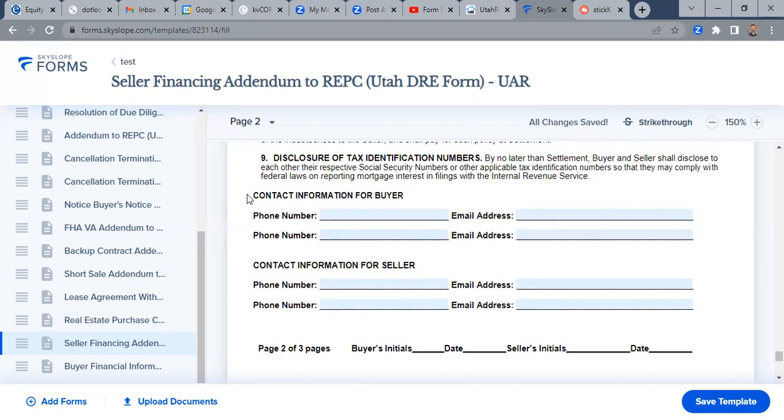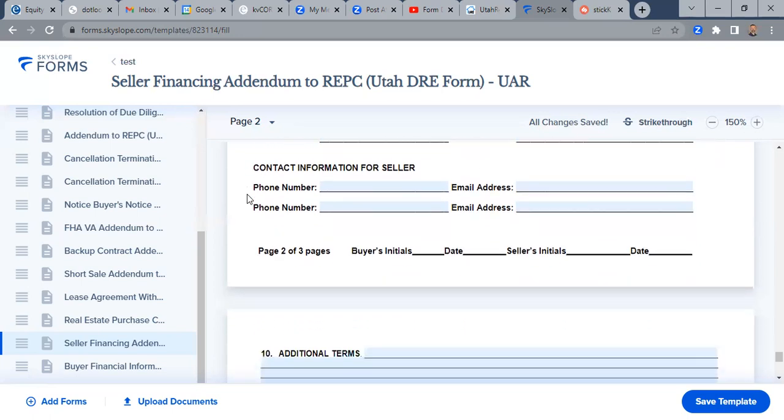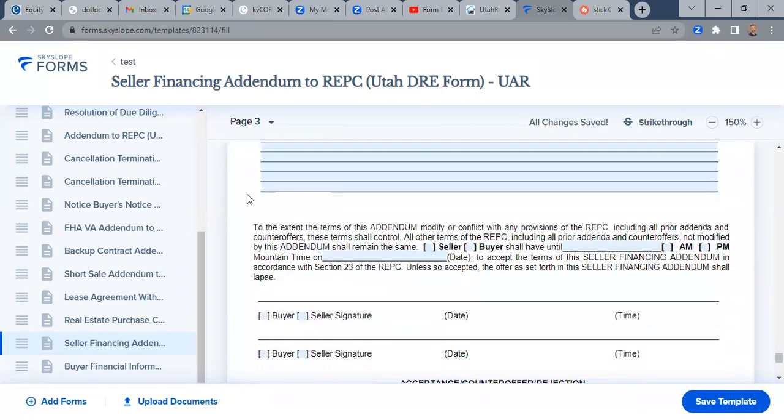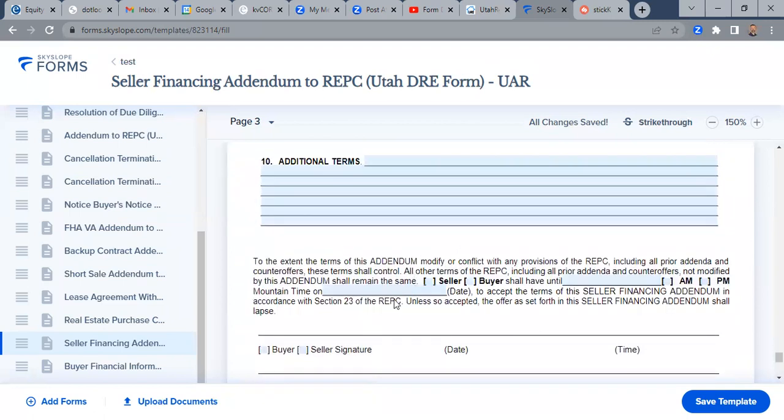Now you get to have a discussion with your CPA saying, hey, I'm doing seller finance on this, here are their social security numbers, and this is another thing that we need to address in our tax situation. So again, these are things that you would not ever be aware of if you weren't using this proper form. Now you've got contact information for buyer and seller, any additional terms that you want to have, and then of course the standard ending right here.